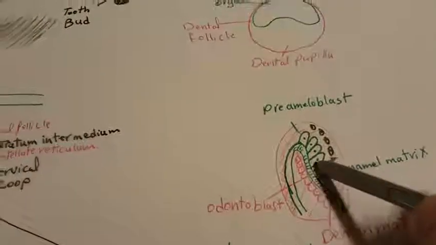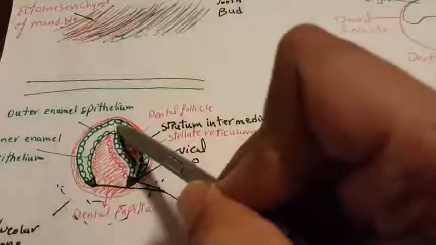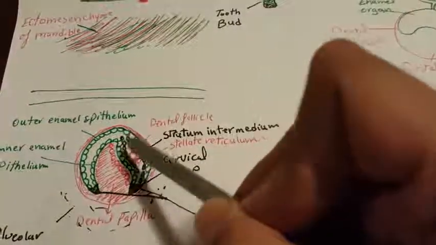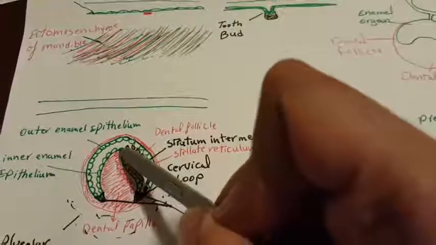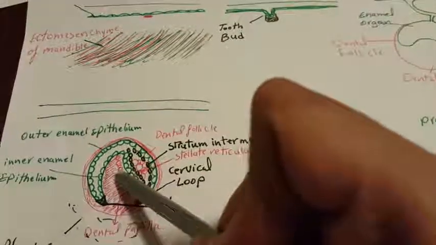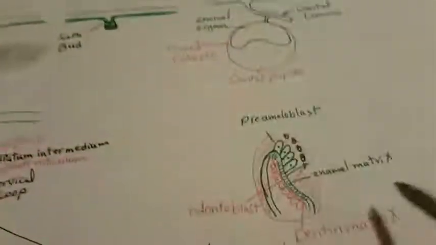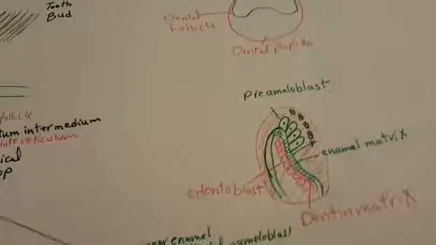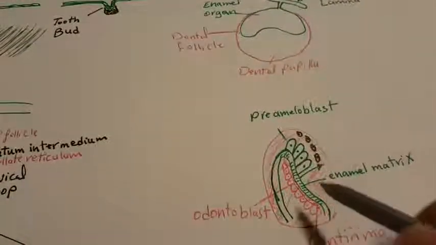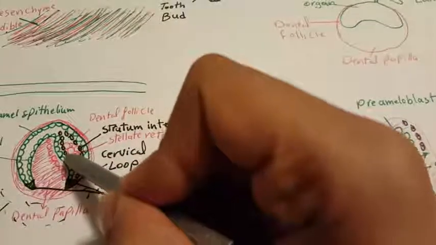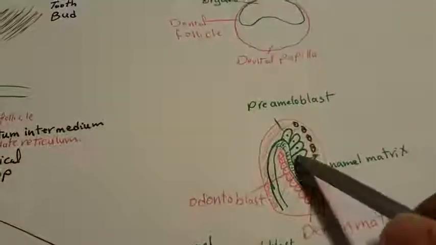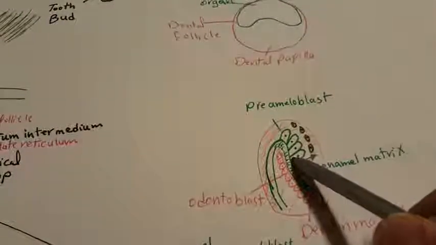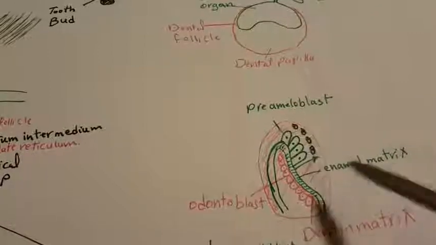In that stage, I'm focusing on this area. I'm not picturing the outer enamel epithelium, just the inner enamel epithelium and the dental papilla. What's going to happen is this inner enamel epithelium that was right there will elongate and move up.